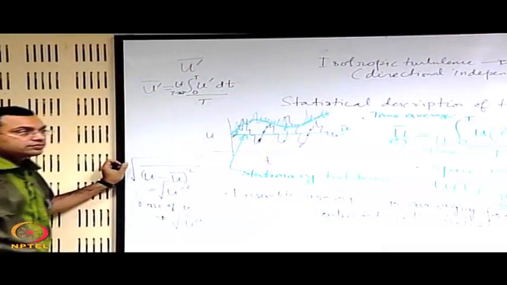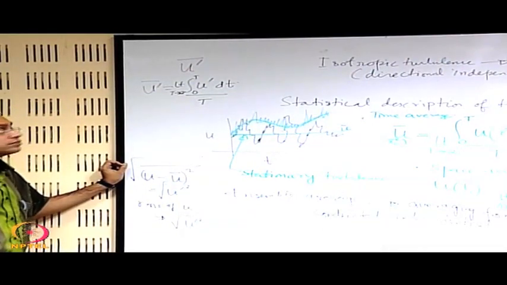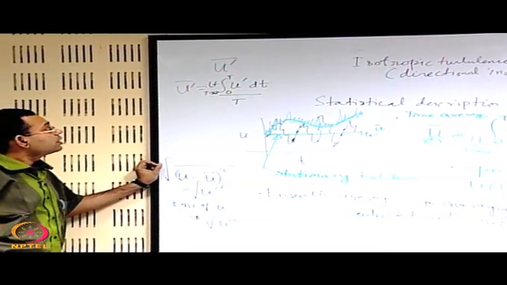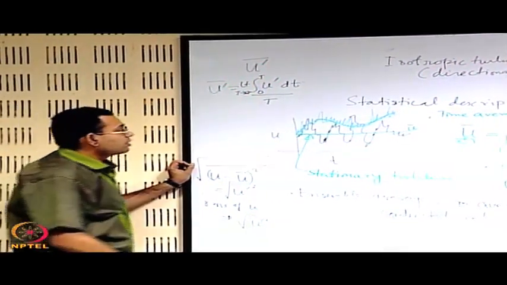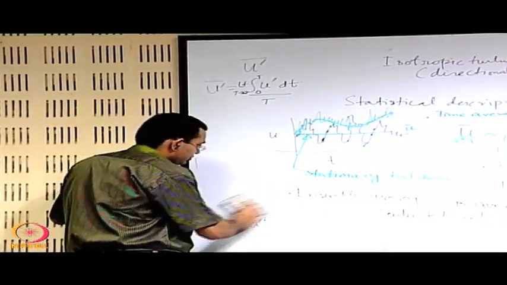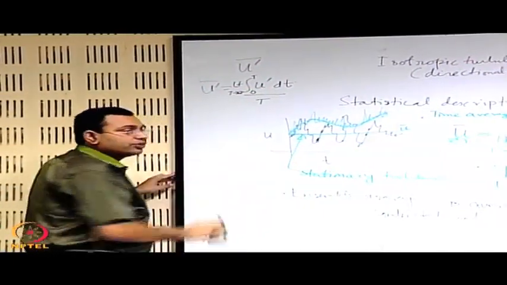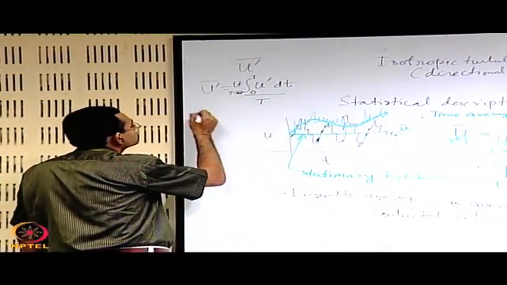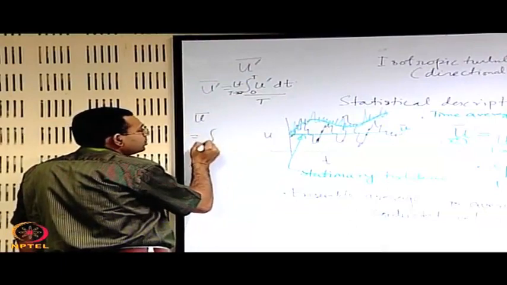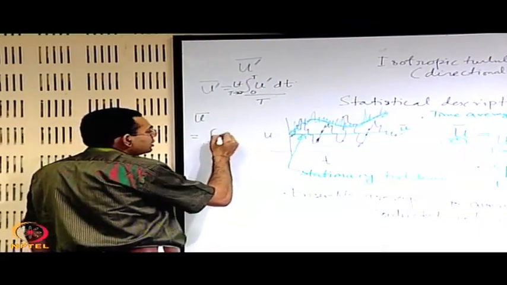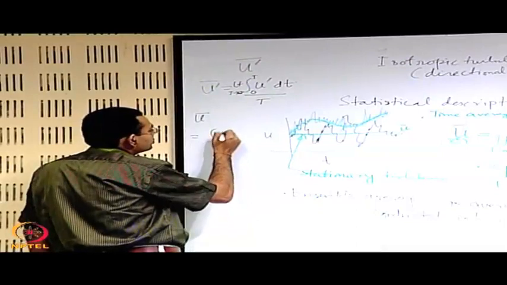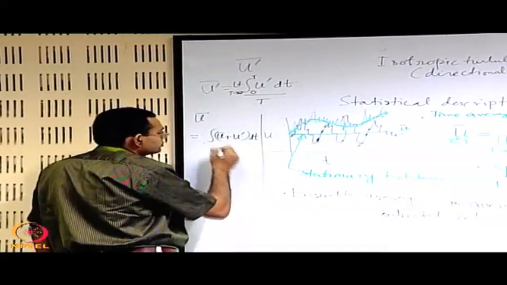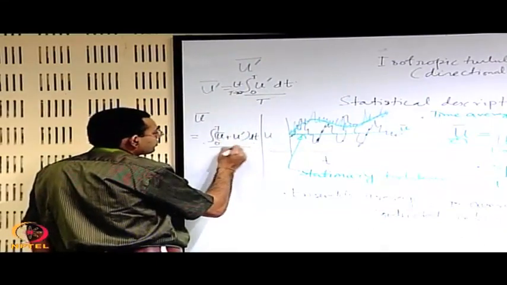Let us say we want to find what is the average of u. So the average of u is, with the limit and other things we will write later on, u is u bar plus u prime.